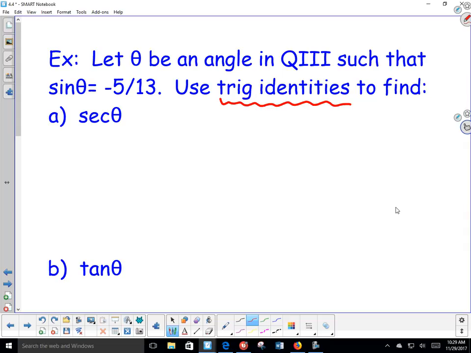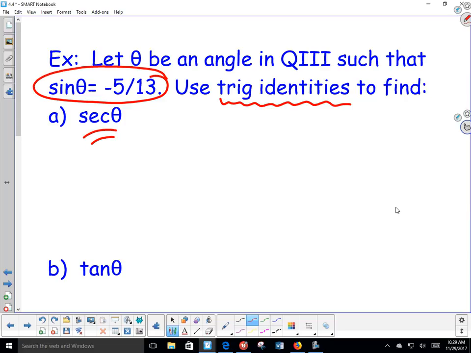In this problem, they're giving you the sine of theta, and they're asking you to find, first of all, the secant of theta. Well, we might need to find cosine first, because I don't know if there's one identity that just has sine and secant in it. But we could find cosine first. What's the identity on page 304 that involves sine and cosine, and only sine and cosine?